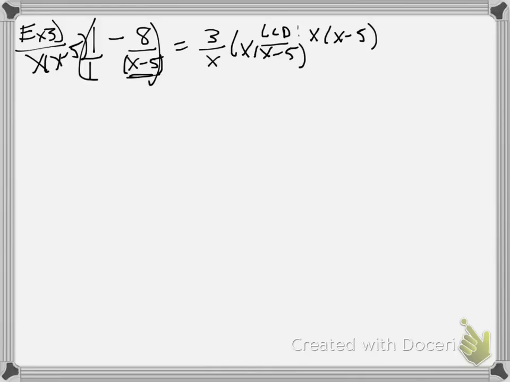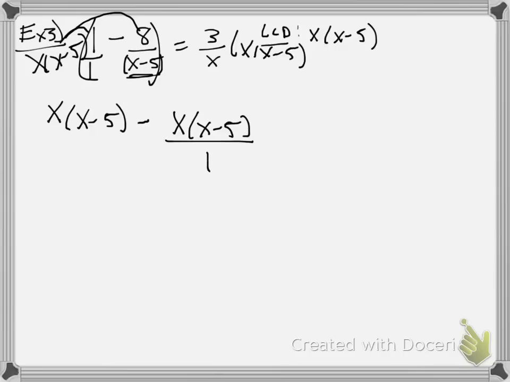When I do that, I'm going to distribute right to the 1, which, if you think about it, x times x minus 5 times 1, that's just going to be x times x minus 5. If I distribute it to this term, though, and I'll write this one out because we're learning here, that's going to be minus the x times x minus 5, and remember that's in the numerator over 1, times 8 over x minus 5, right?